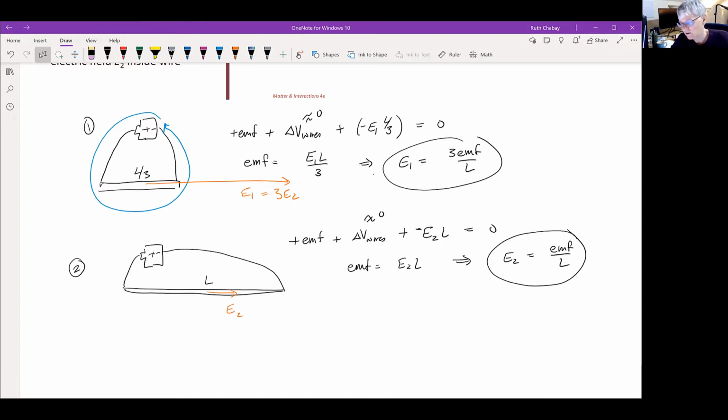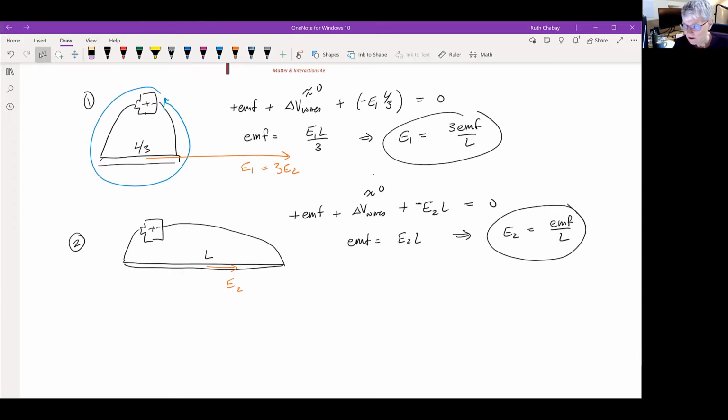And what does that tell us about the current? Well, since the electron current I1 is going to be N A u E1, and the current in circuit 2 is going to be N A u E2, and N and A and u are the same, that's going to be equal to N A u times E1 over 3. So in fact, I1 is going to be 3 times greater than I2.